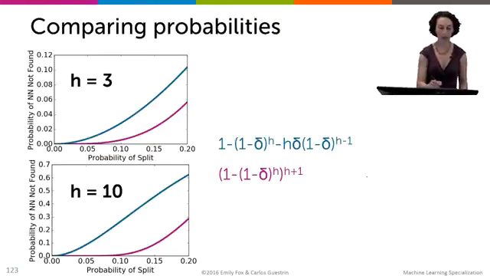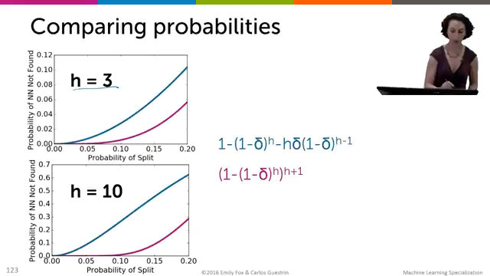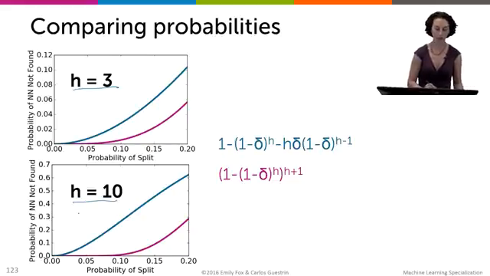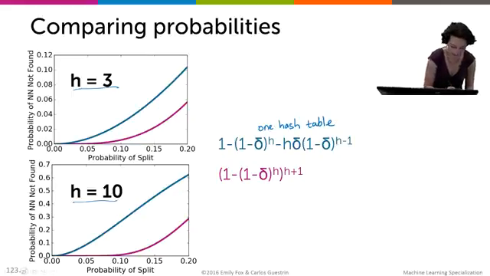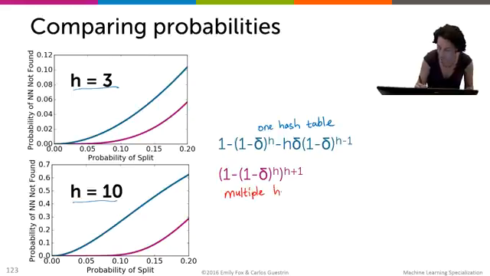We're going to look at plots in two different scenarios. One is for throwing down 3 lines, the other is for throwing down 10 lines. What we see is that this top case is the 1 hash table scenario, and this fuchsia line is the multiple hash table scenario.